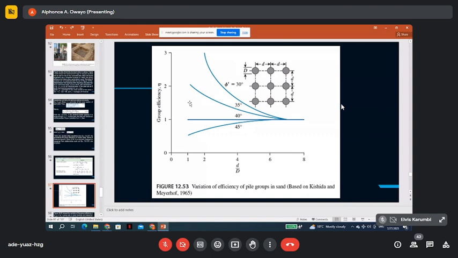for our use. So in your case now, as undergraduates, probably I'll give you this chart and some dimensions, and you're asked to find the group efficiency from a curve like this, just to keep things simple for you for the level of an undergraduate.